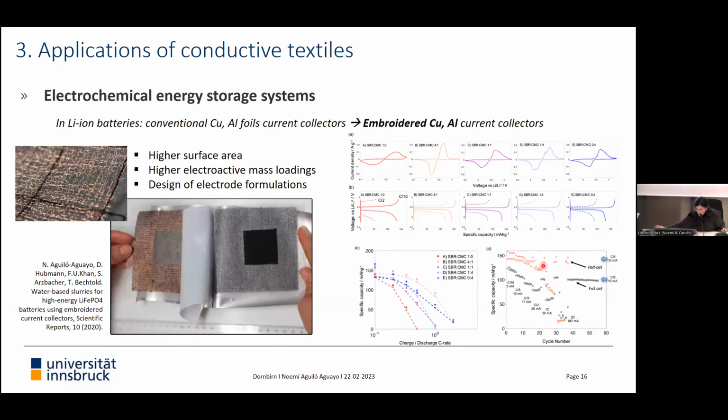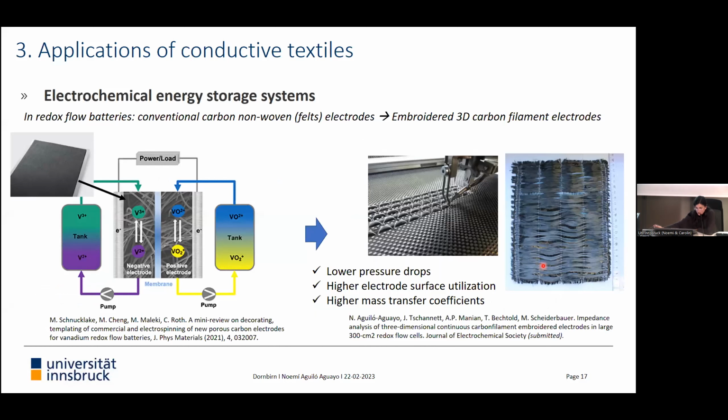So another application in the topic of batteries that we are also investigating is the use of embroidered carbon structures as electrodes. In this case, we have a different type of battery.